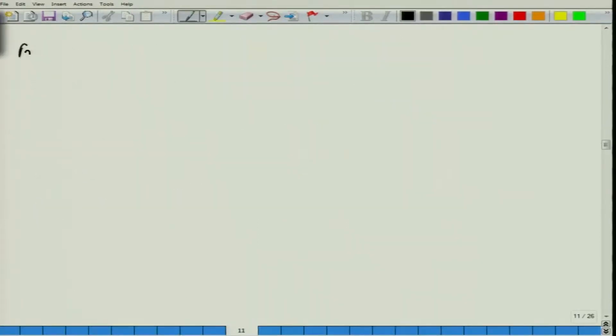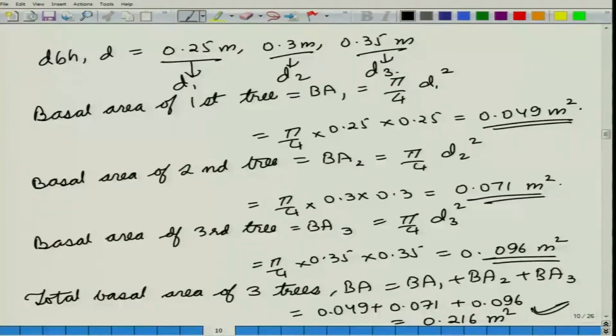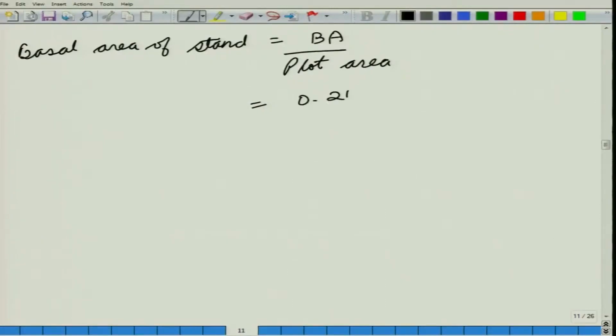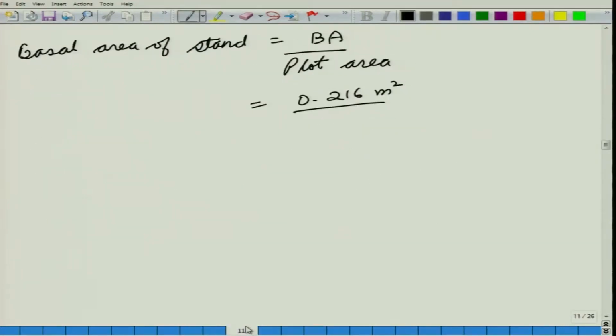So now the basal area of the stand is given by the basal area divided by the plot area. The basal area we have found to be 0.216 square meters, divided by the plot area that we have calculated to be 0.01 hectares.